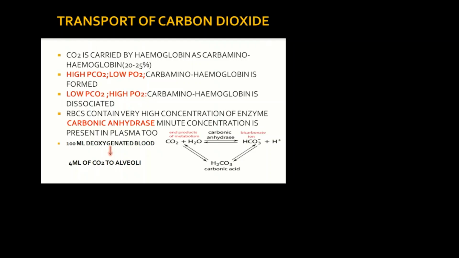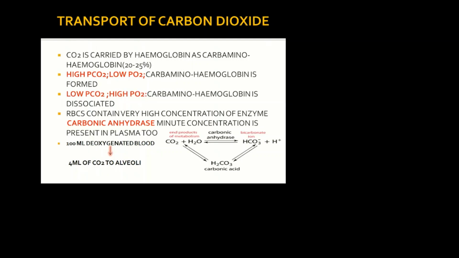which is present in alveoli. So RBCs contain a very high concentration of the enzyme carbonic anhydrase, and a minute concentration is present in plasma also. So carbonic anhydrase converts carbon dioxide and water, which are the end products of catabolism and metabolism, into bicarbonate ion, which is HCO3 minus, and hydrogen ion.